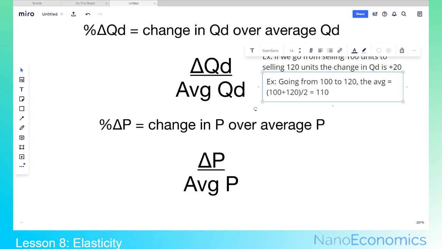Going from 100 to 120, the average is just the first quantity plus the second quantity divided by 2. Here it's really easy to see. When they're nice round numbers, you can just split the difference.